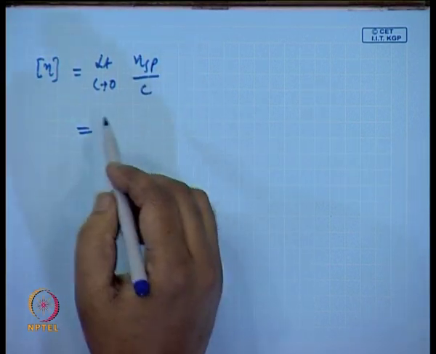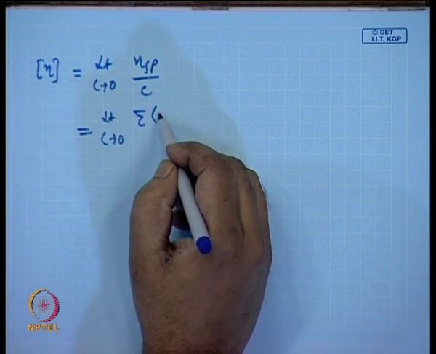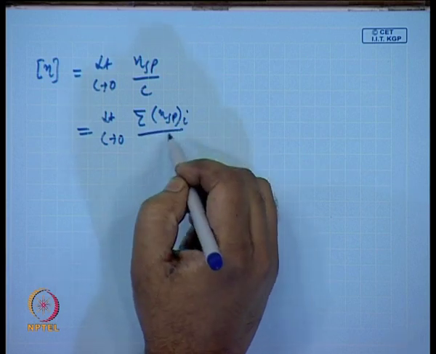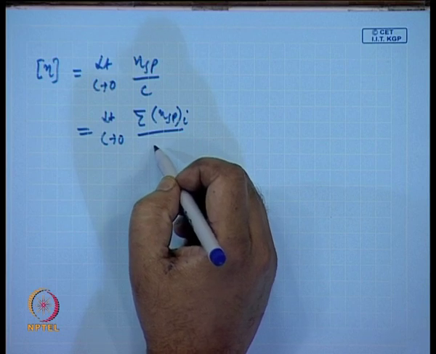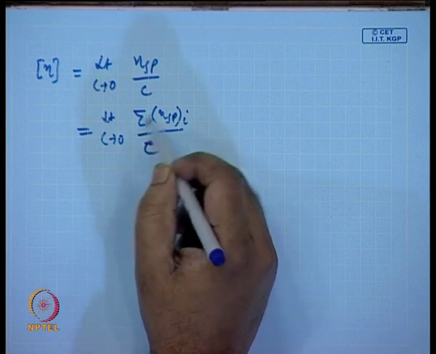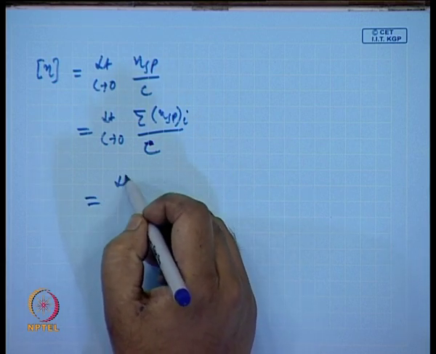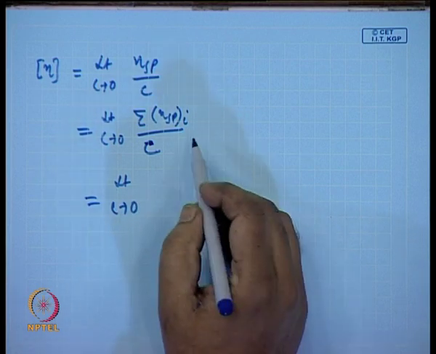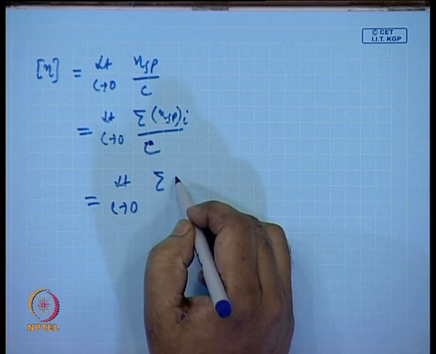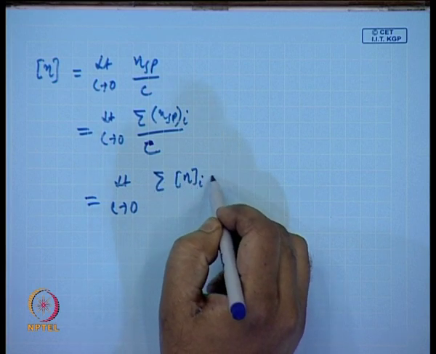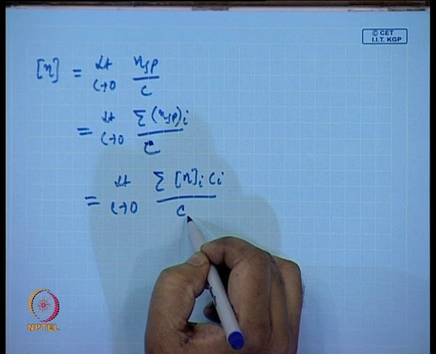Eta specific is given by the summation over i of eta_sp,i, so we can continue to write this as the summation of eta_i c_i by c.